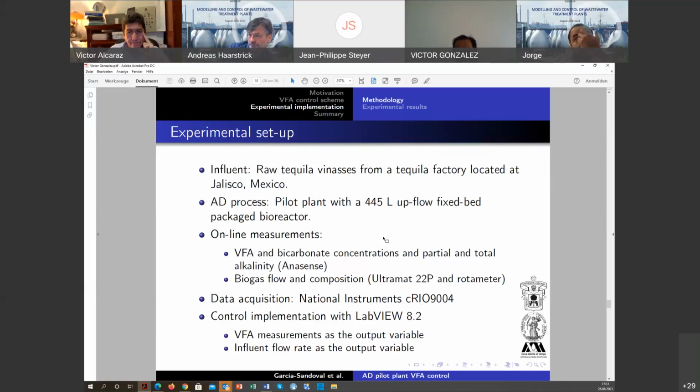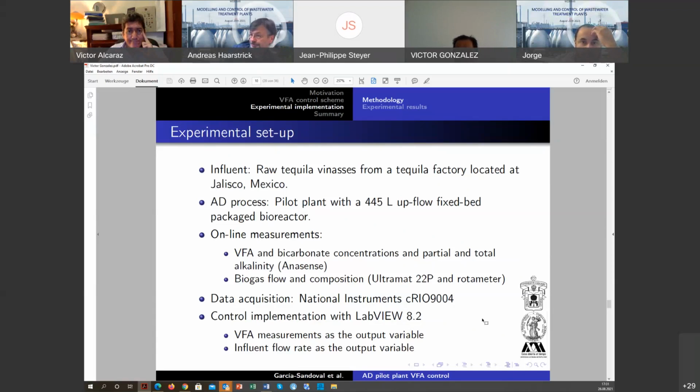So we have measurements of volatile fatty acids and bicarbonate concentrations and partial and total alkalinities. And also we have measurement of the biogas flow and composition, online composition.